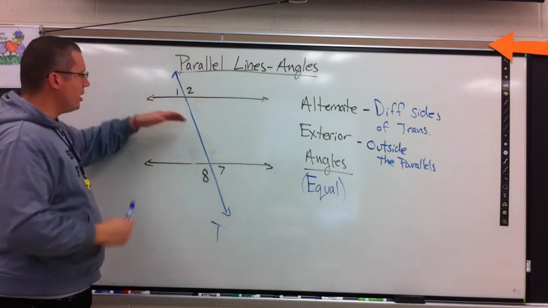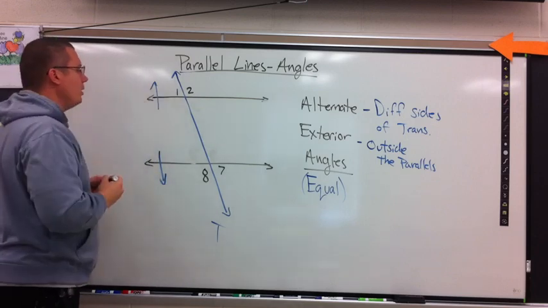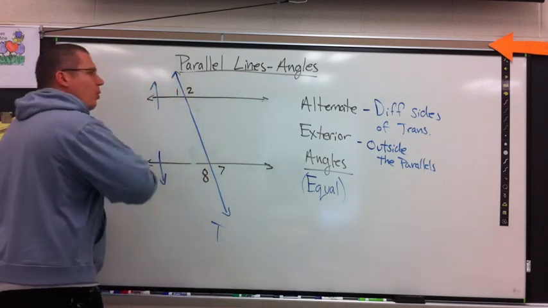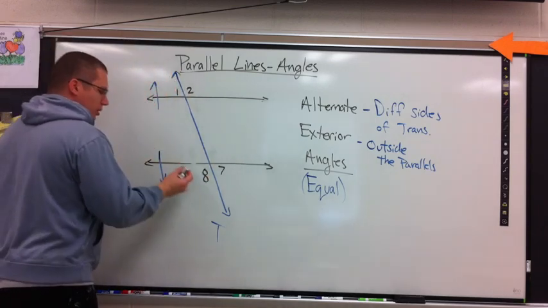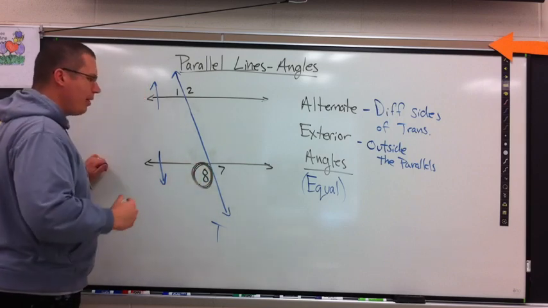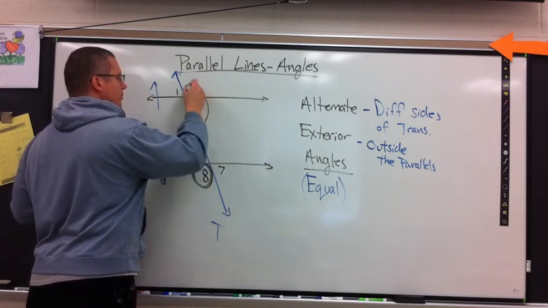I only want the angles that are outside the parallels. Outside, outside. Okay, let's name some pairs that are opposite sides or alternate sides from each other. Let's start with 8. 8 matches up with 2.